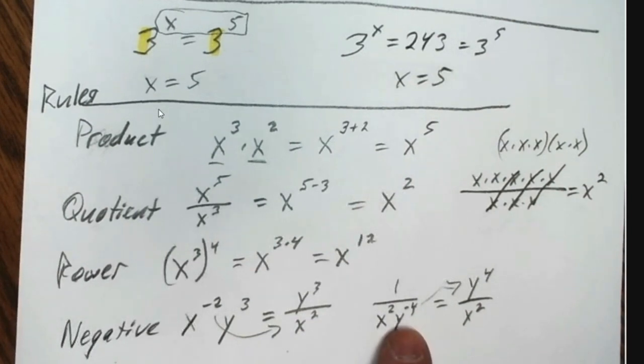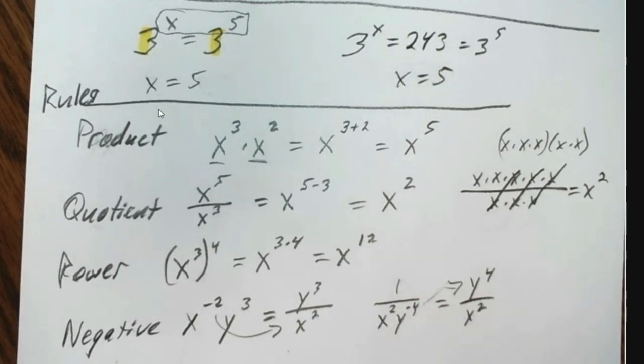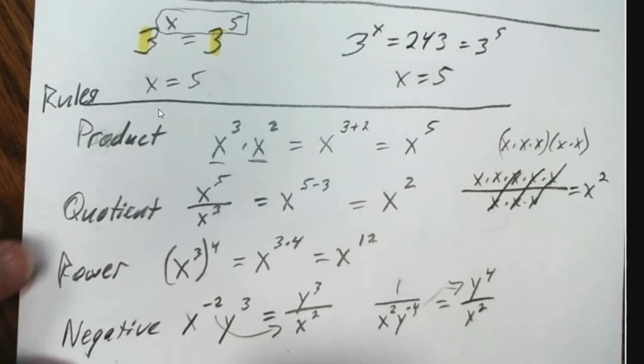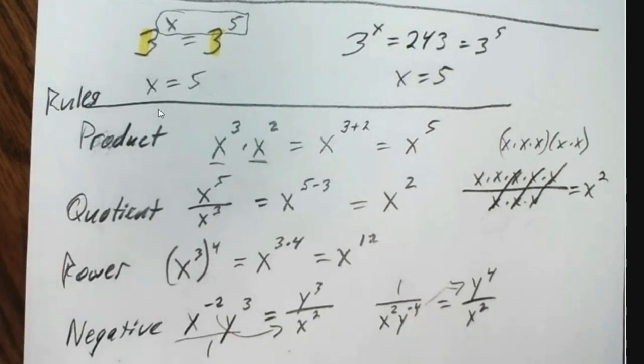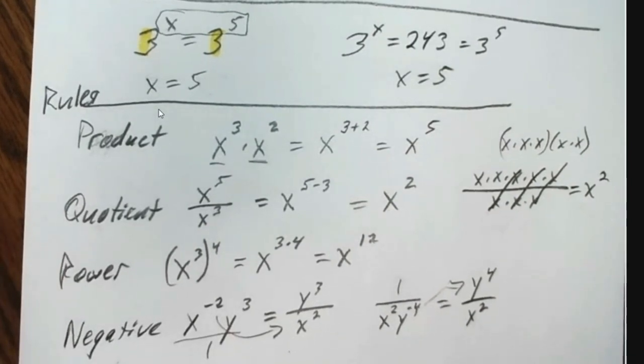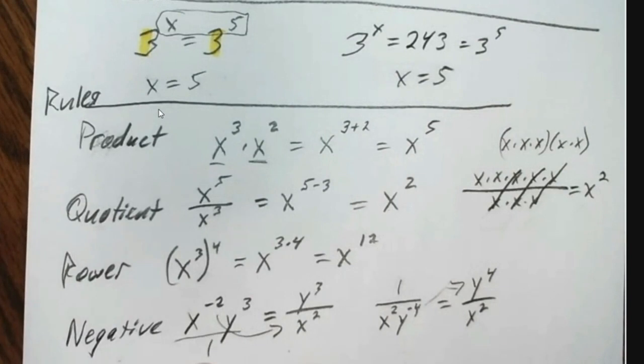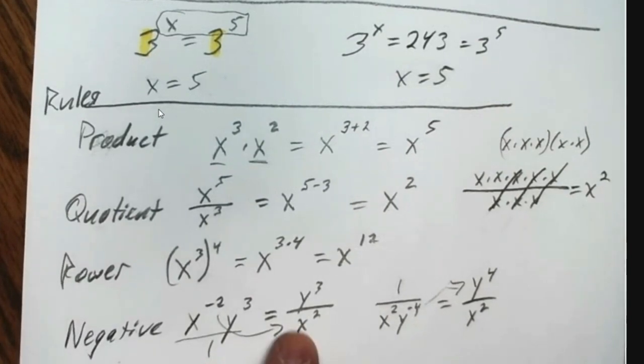We need to make it a positive exponent, and that's by moving it to the numerator or denominator, just depending on where it starts. This is technically all over 1. Anytime you have a number, it's over 1. So we can move the x squared to the bottom like that.